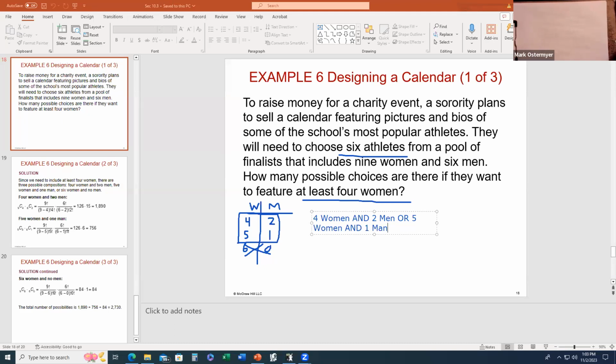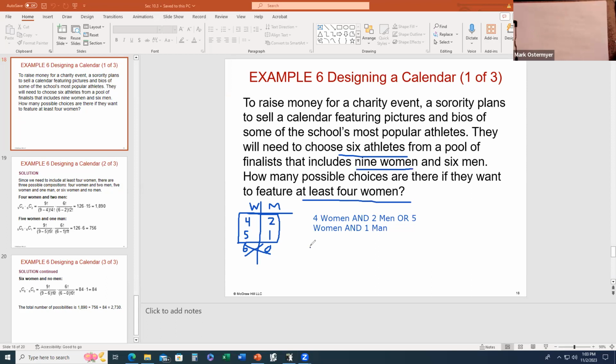how many ways can I choose 4 women? Let's entertain this first possibility. How many ways can I choose 4 women if order does not matter? Then we're going to assume the order does not matter. So do you agree? How many women do we have to choose from in our pool? Let's see here. We have 9 women. Do you agree? 9 women. All right.